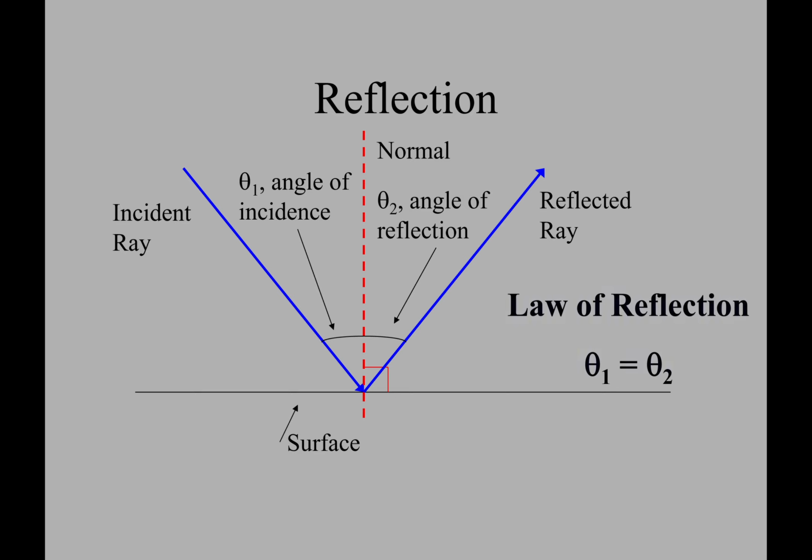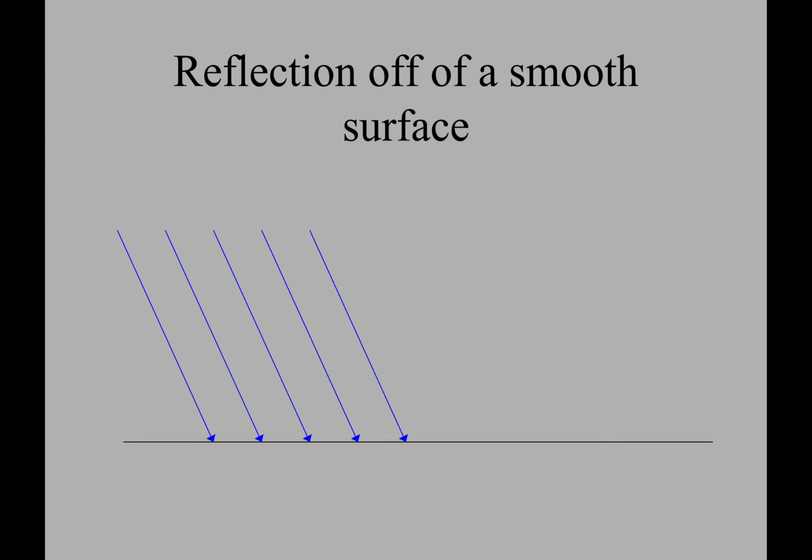Seems very straightforward. Just a reminder, again, angles are always measured between the ray and the normal. Very important. So what we're going to look at here is reflection off of a smooth surface.